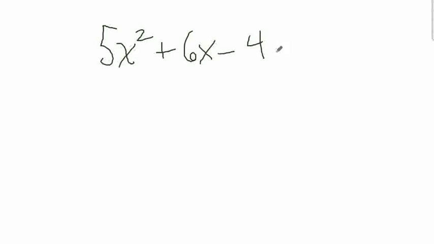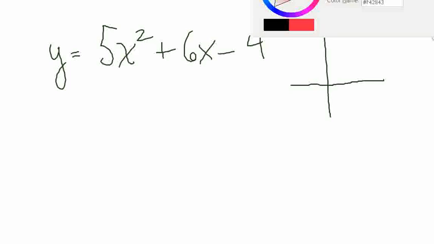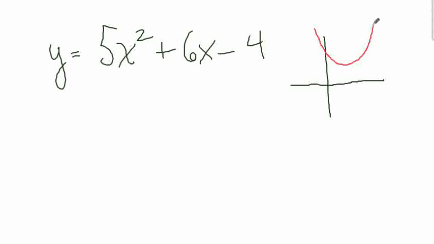Suppose that you had a generic quadratic, something like this, and suppose you wanted to plot that. The plot will be what's called a parabola. It'll be either a hill or a valley, something like this or something like this.